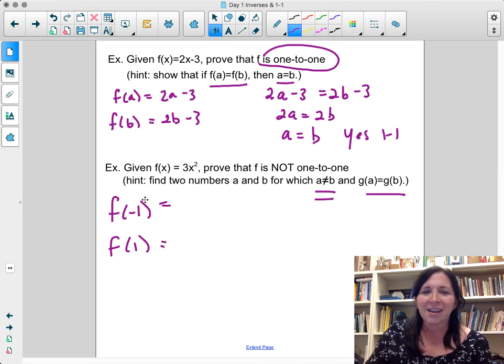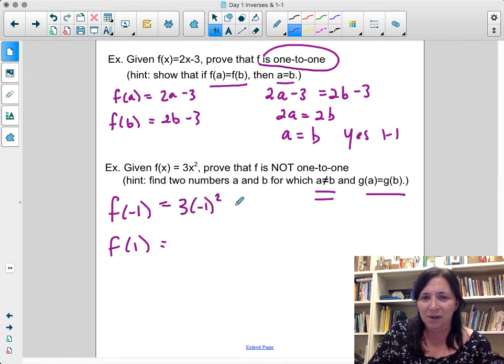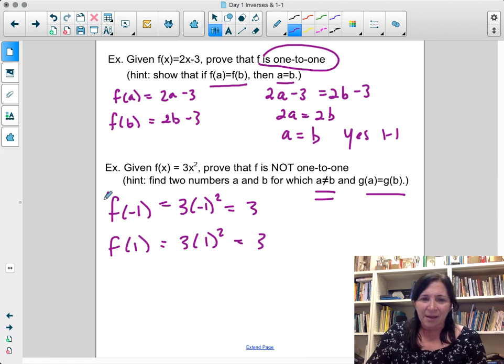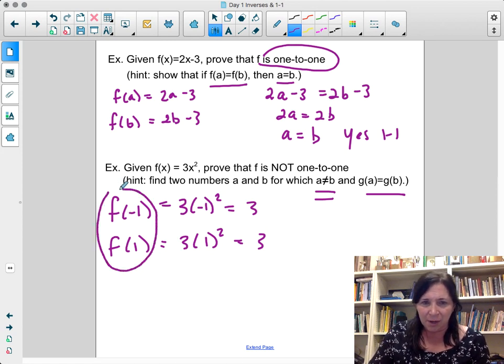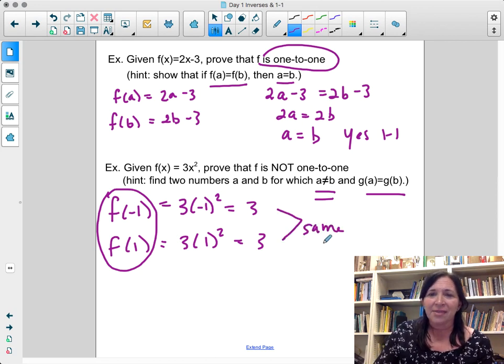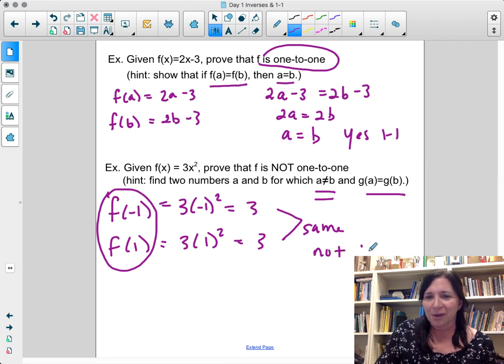That's really important. So we have 3 times -1 squared is 3 times 1, which is 3. 3 times 1 squared is 3. Well, if I plug in -1 and 1, which they're not the same, but I do get the same answer here, that's telling me they're not one-to-one.